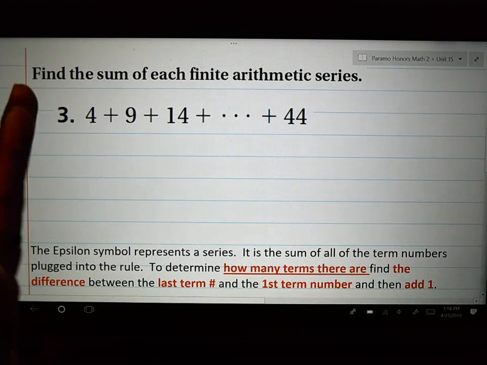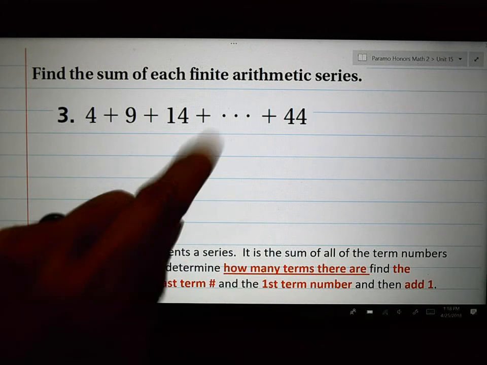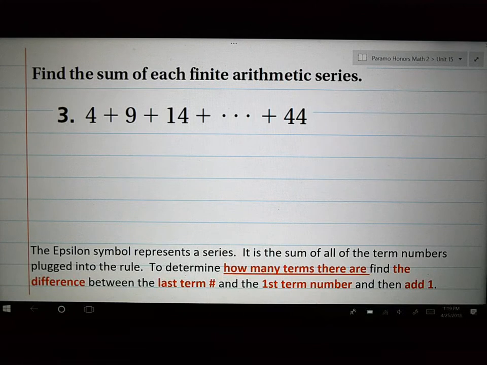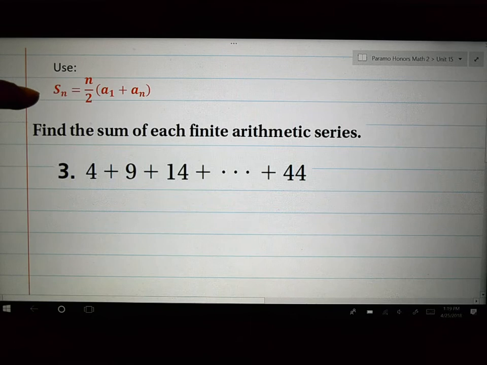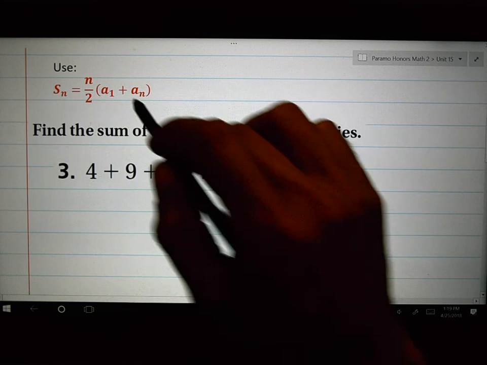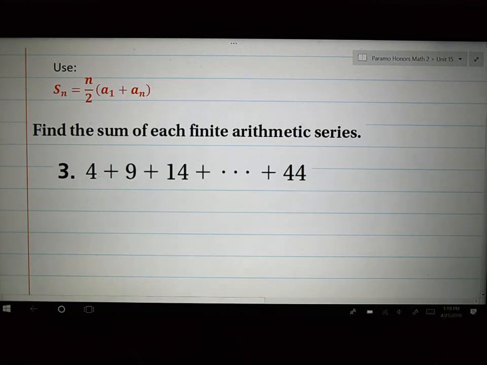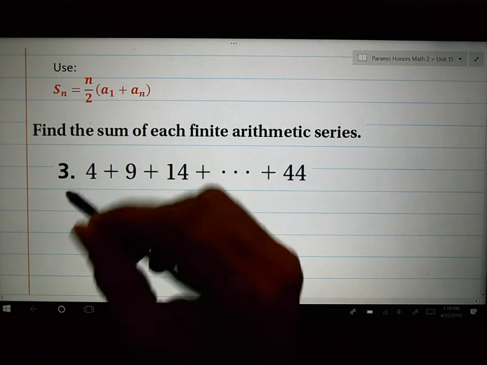And what we're going to do is we're going to add up all those numbers, and what we're not supposed to do is we're not supposed to take a calculator and just type in the numbers and add them all up. There's got to be a faster way. The faster way is this formula. This formula is great, except we don't know what n is. N is how many term numbers there are. I know the first. This is a of 1.